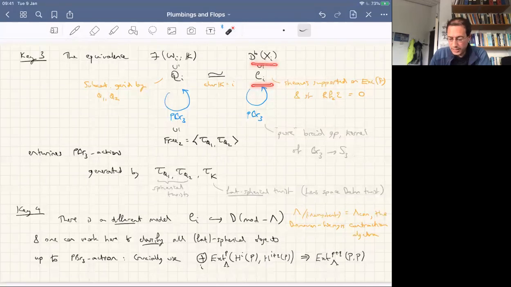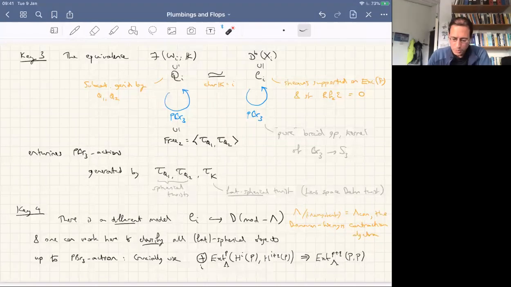It's characterized as those sheaves supported on the exceptional locus which push forward to 0, but you should just think of it as generated by the O(-1)s on these 2 exceptional P1s. Sorry, this was an O_P1(-1), but there are 2 P1s in play. And direct computation basically says that these 2 categories are equivalent, provided I work in the right characteristic.